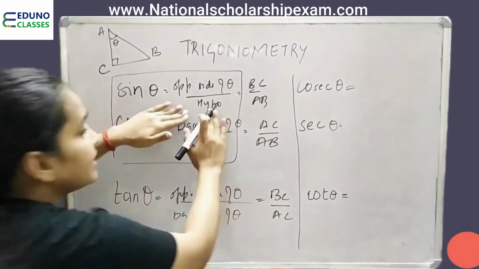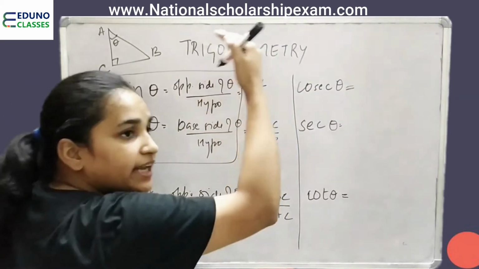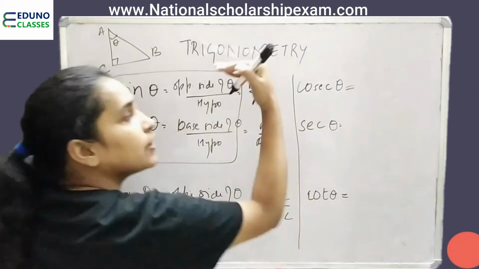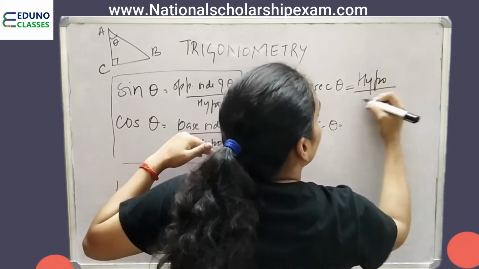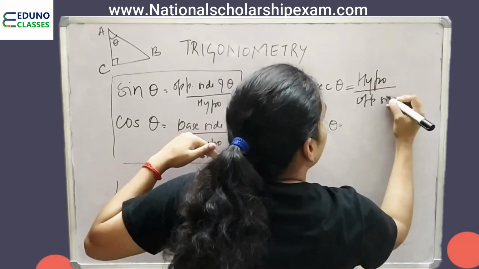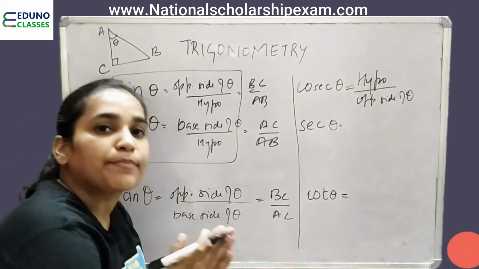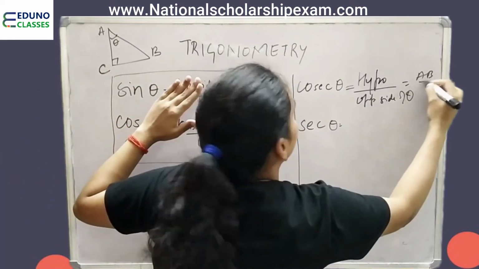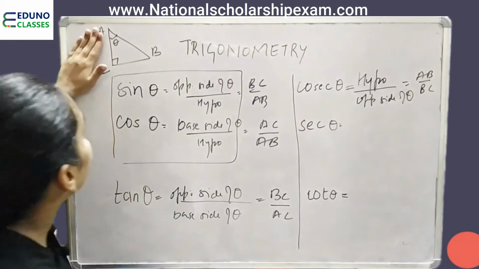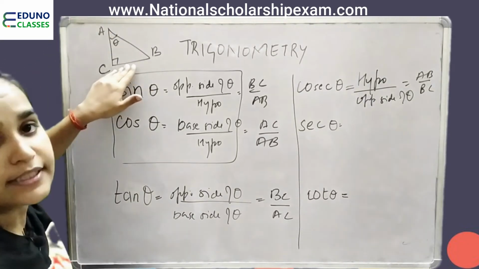Numerator will go in denominator, denominator will go in numerator. It will become hypotenuse upon the opposite side of theta, which you can write as AB upon BC for this triangle. Hypotenuse is AB and the opposite side of theta is BC.